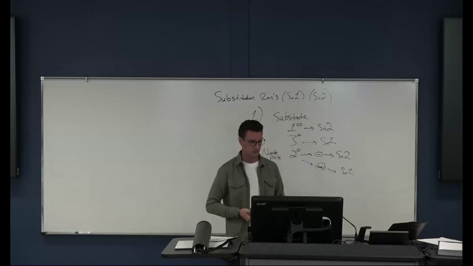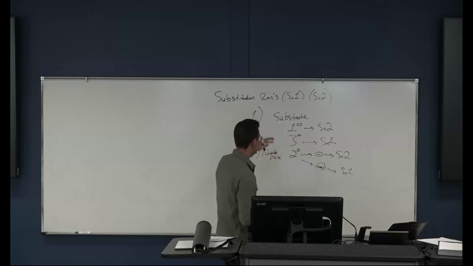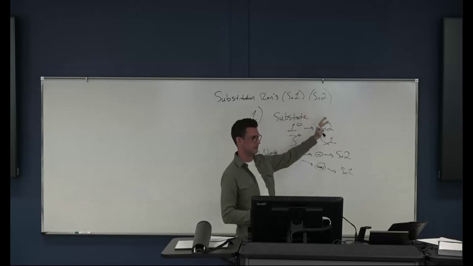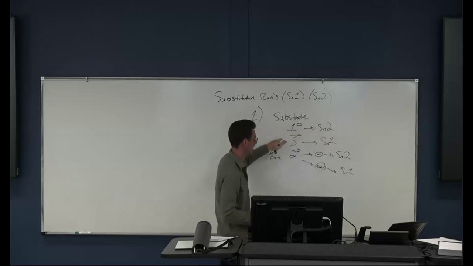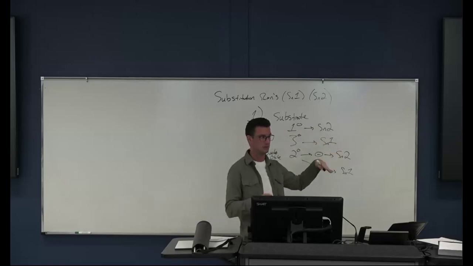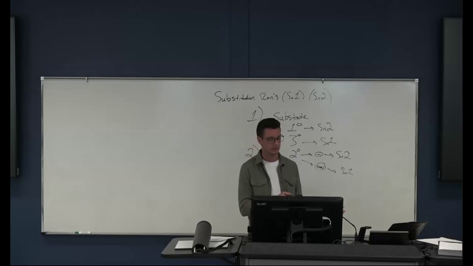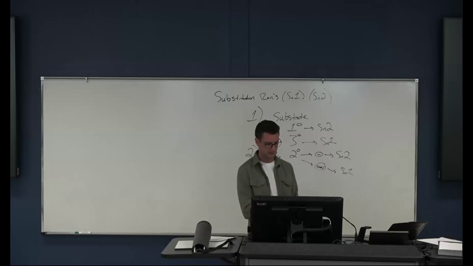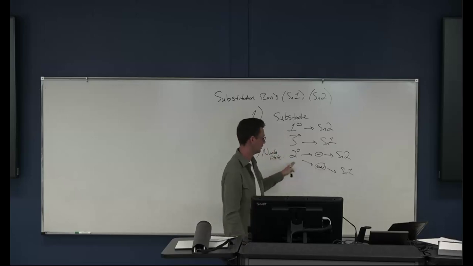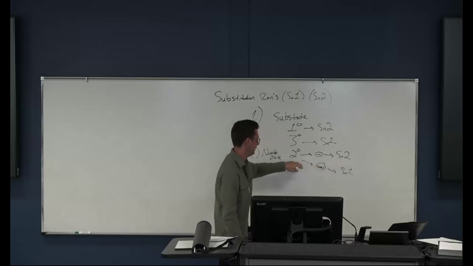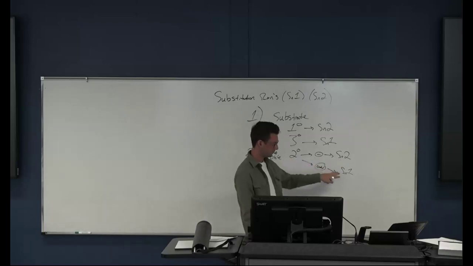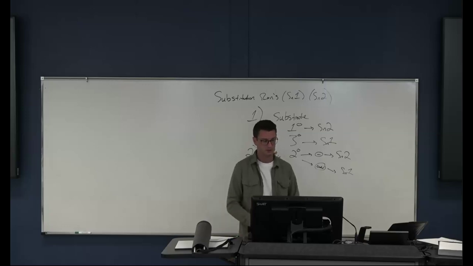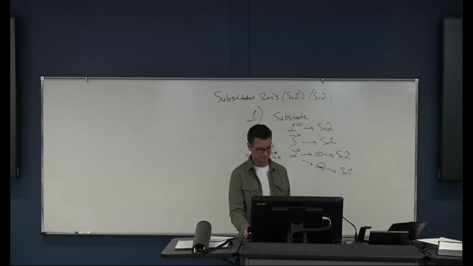So again, a primary substrate will tend to produce an SN2, tertiary will tend to produce an SN1. But if your substrate is secondary, then you get into this gray area where you need to look at whether the nucleophile is strong or weak. If it's a strong nucleophile, you're going to produce an SN2. If it's a neutral or weak nucleophile, you're going to produce an SN1 reaction.